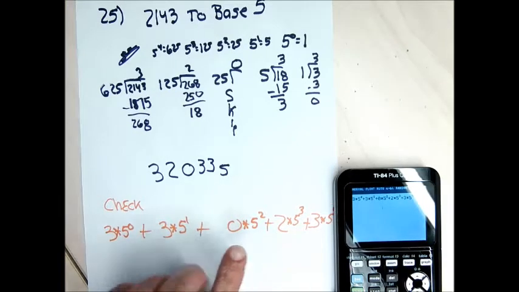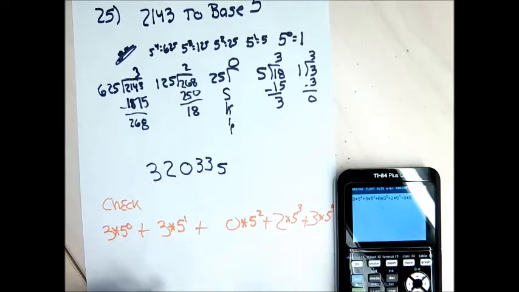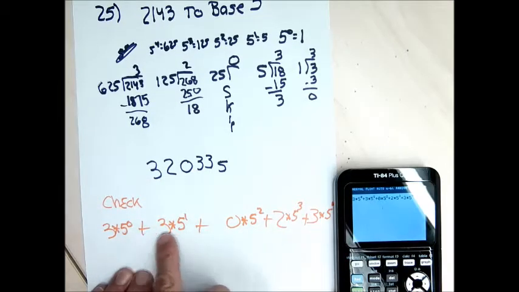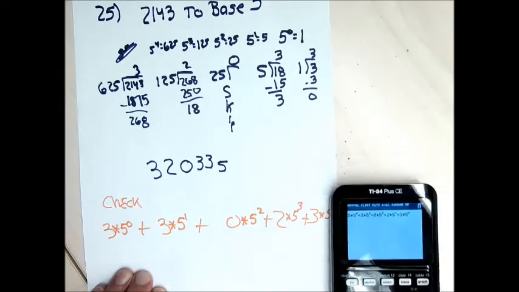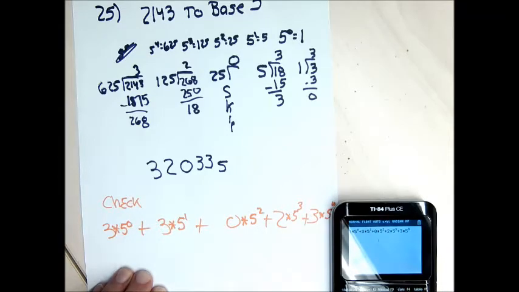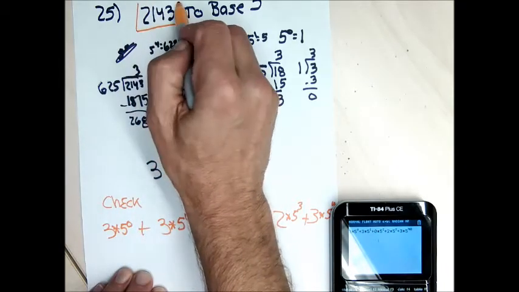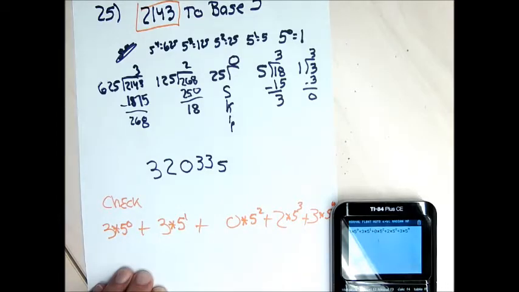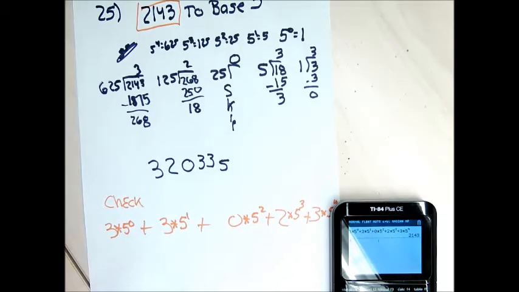So I wrote the number backwards. I multiplied each of the numbers by a power of 5, starting at 0, going up by 1, put a plus in between each. When I hit equals, it better equal the number 2143 because that's what the starting number was, and it works out perfectly, so I know that this answer is correct.